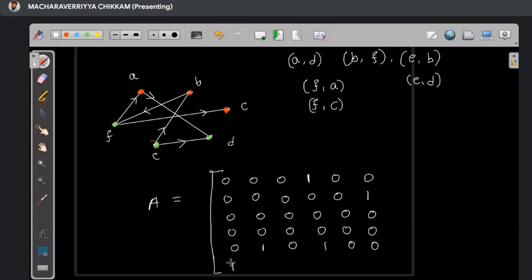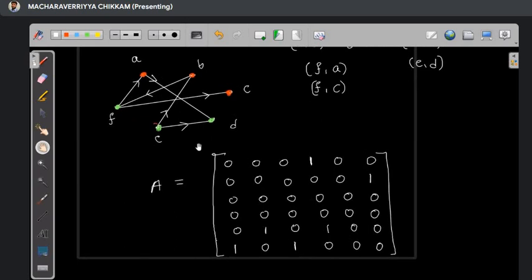Okay, this is 1, and FC. So now this is the adjacency matrix for this directed graph. So the adjacency matrix of a directed graph need not be symmetric, but for an undirected graph you'll get a symmetric matrix.